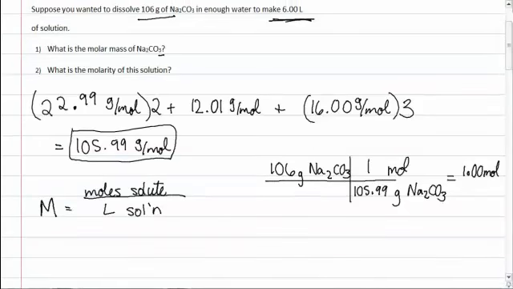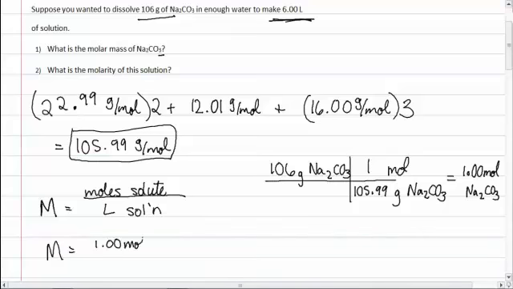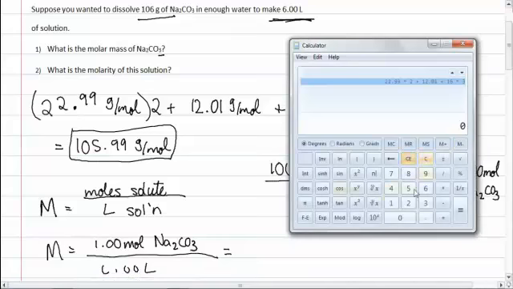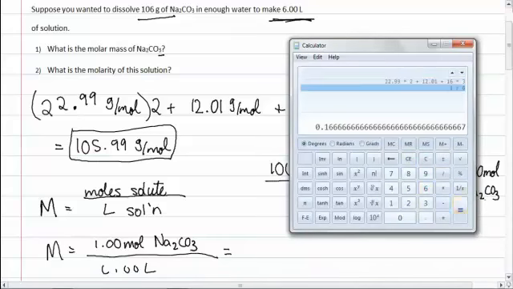So we plug our mole in on the top, we get molarity equals 1.00 mole sodium carbonate over 6.00 liters of solution. Calculate that. We get 1 divided by 6 equals 0.1666, repeating.